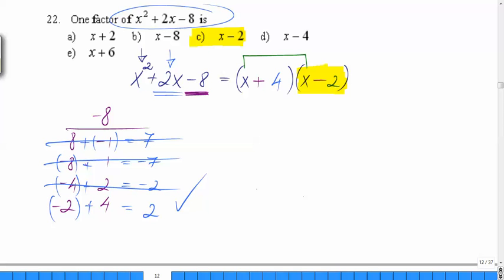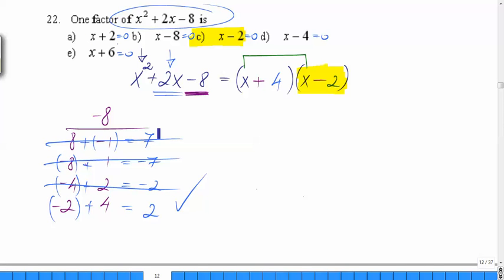Okay, makes sense. Another one. Well, another approach, if you don't have any clue of how to factor it, but you know any one of these binomials will be a factor of your trinomial, that means that if you make this factor 0, then that x, if plugged in, will make your trinomial equal 0.